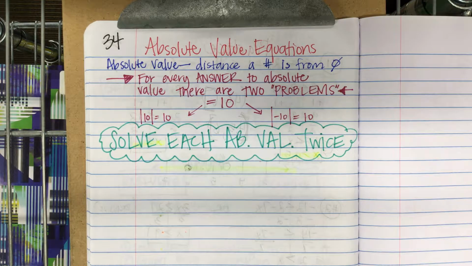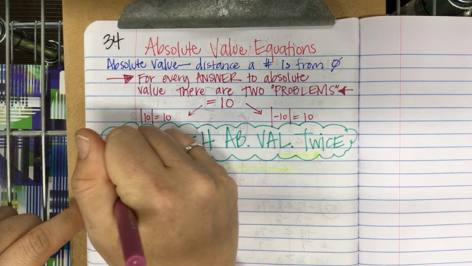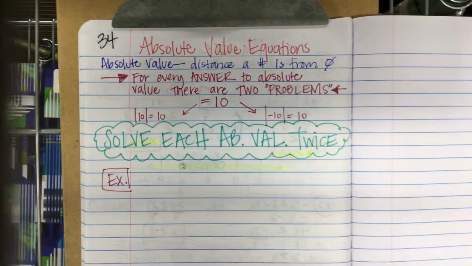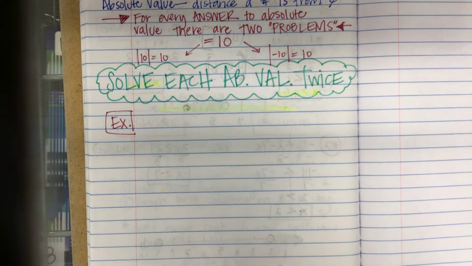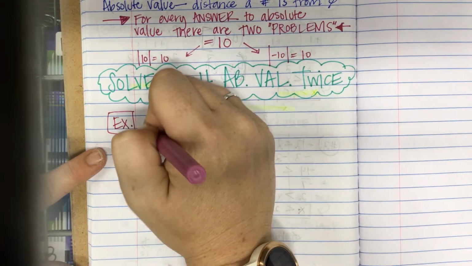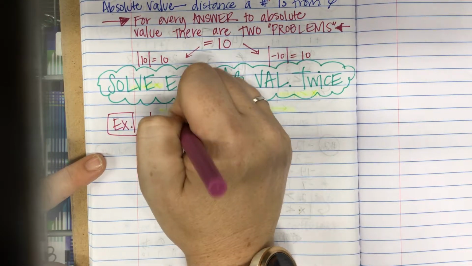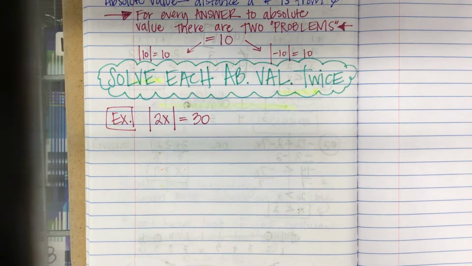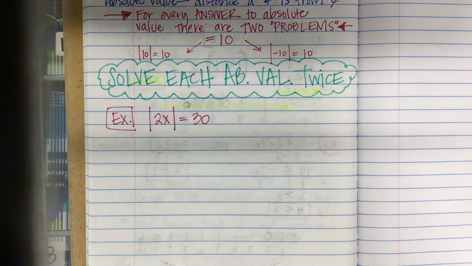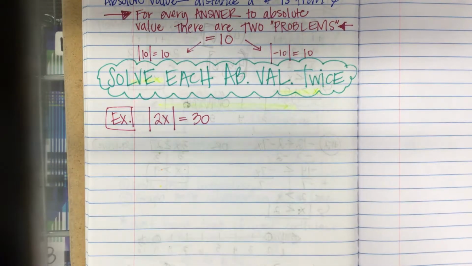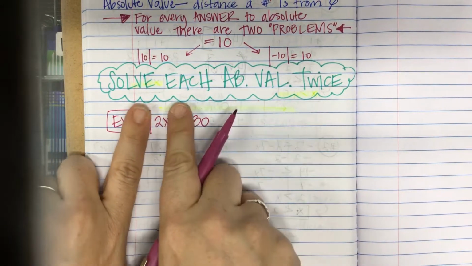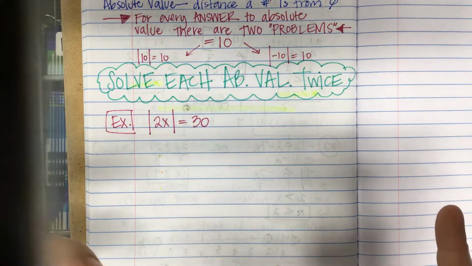So, for example, we're going to do a really easy one first. If I had a problem that said the absolute value of 2x is equal to 30, but I wanted to know what does x equal. If my problem just said 2x equals 30, I could do it, right?